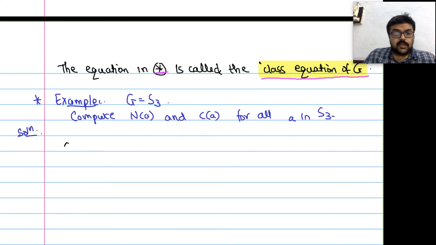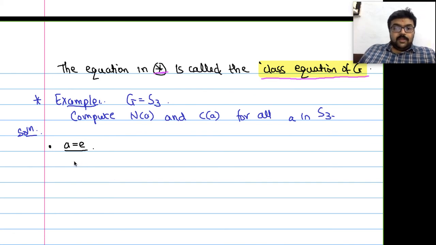So let us take a equals e. So a is the identity, and now what about N of e? What are the elements that commute with e? So N of e is going to be the whole set, right?